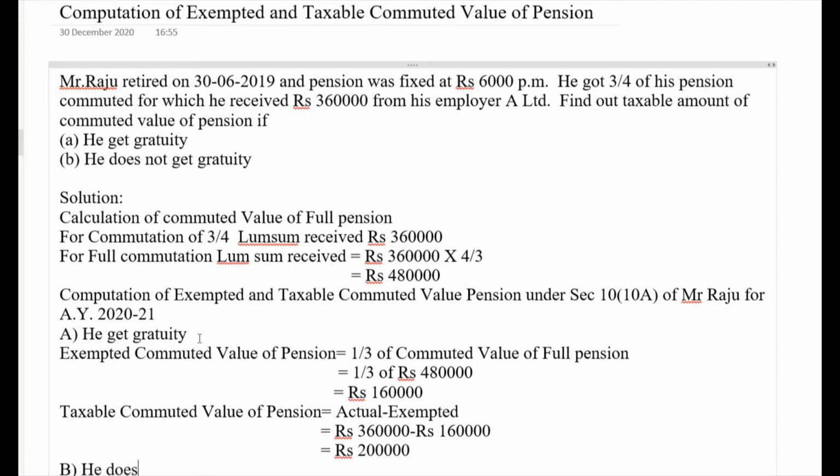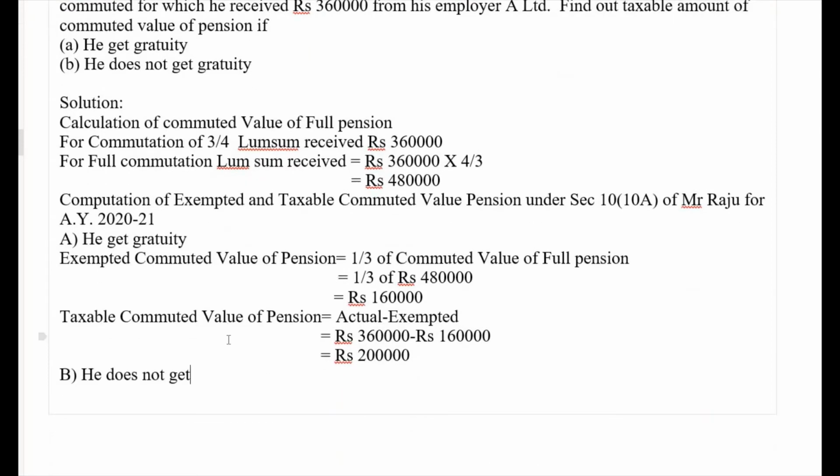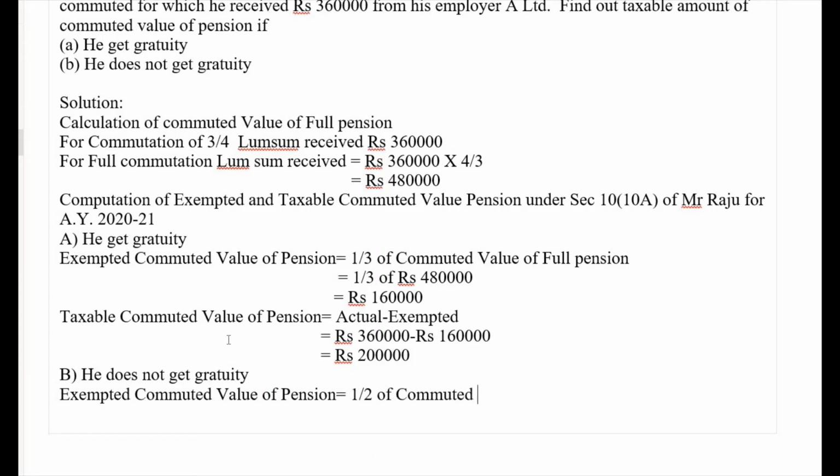He does not get gratuity. So now exempted commuted value of pension equals 1/2, half of the commuted value of full pension.